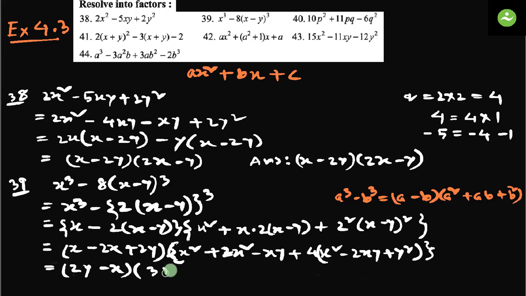3x squared minus xy, and this should be 2xy actually.